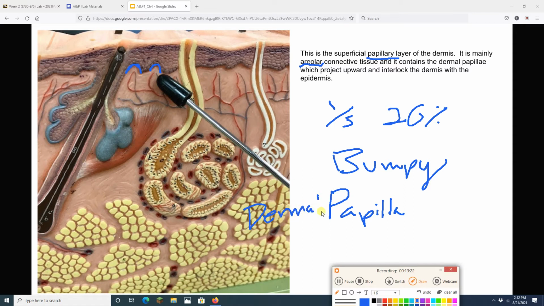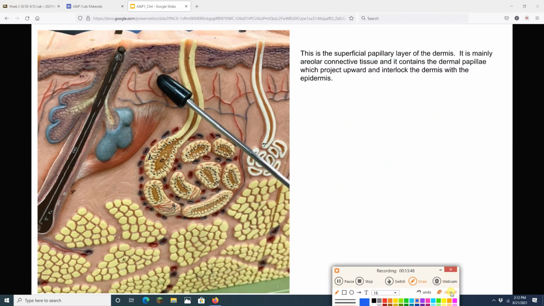So we call it a dermal papilla. One is a papilla, many are papillae. So the bumps here are called dermal papillae. They are part of the papillary layer of the dermis, which is a superficial 1/5 or 20%, and it helps lock tight to the epidermis. All right.